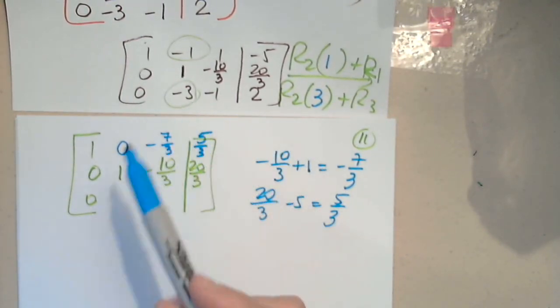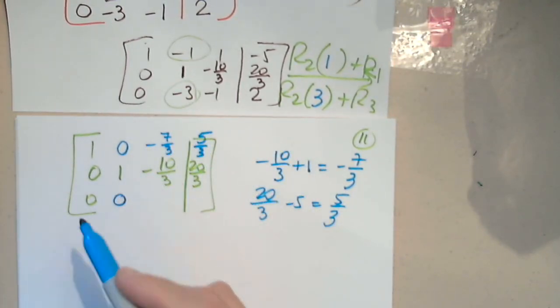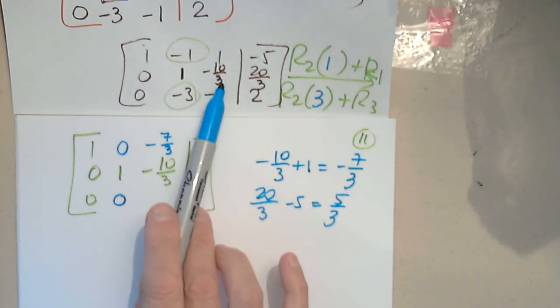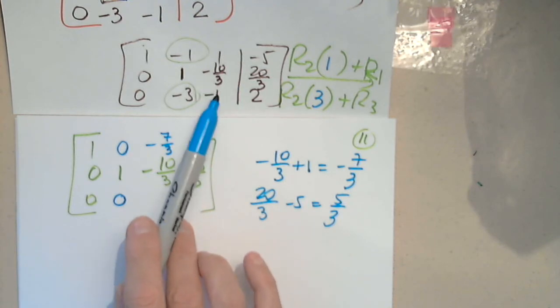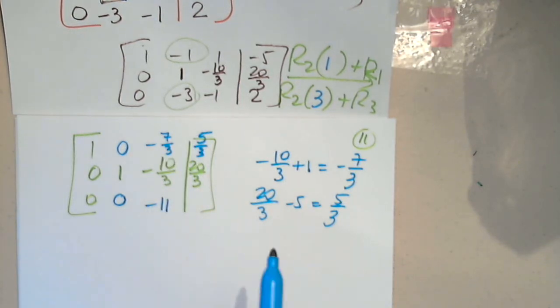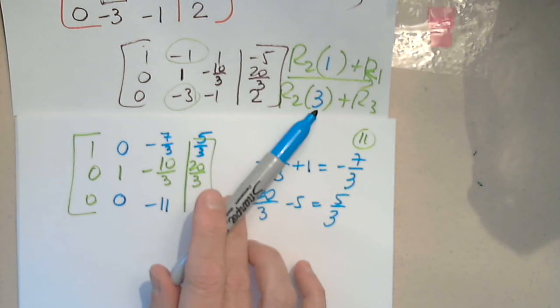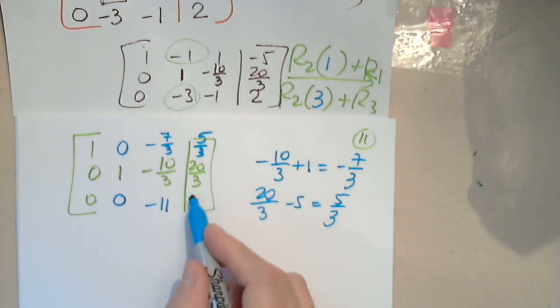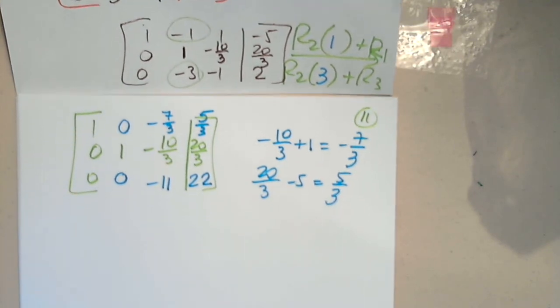One times 3 minus 3 is 0. Now this is nice. -10 over 3 times 3 is -10, minus 1 is -11. 20 over 3 times 3 is 20, plus 2 is 22. That part was nice.